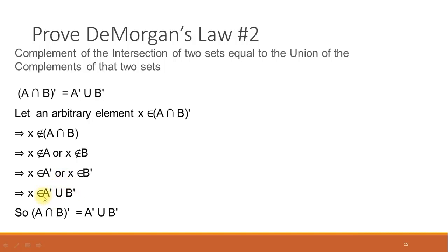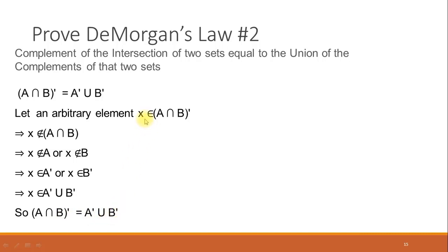So X belongs to A complement or X belongs to B complement, we can write X belongs to A complement union B complement. So (A intersection B) whole complement is equal to A complement union B complement.